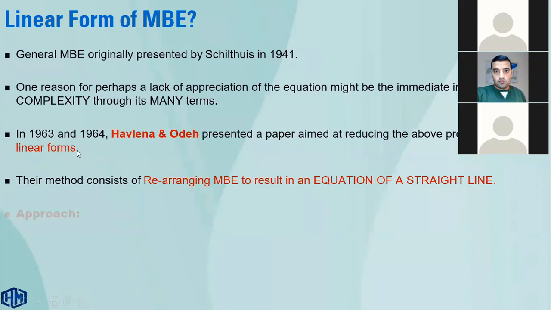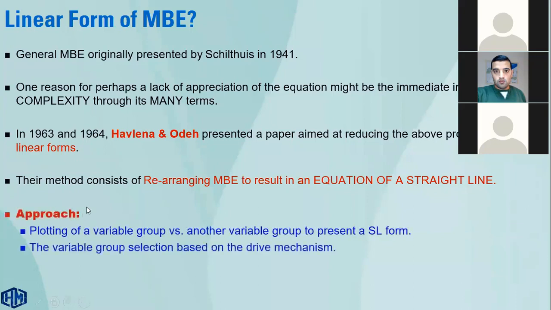This approach is simply based on plotting a group of variables versus another variable to get a straight line form based on the reservoir driving mechanism.